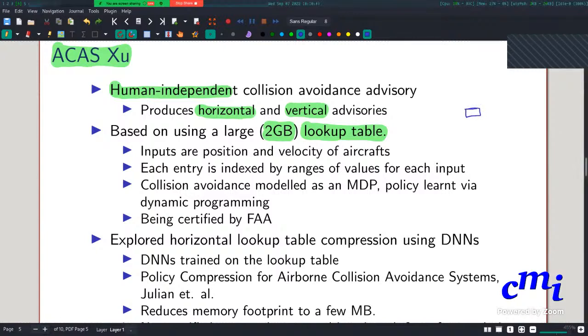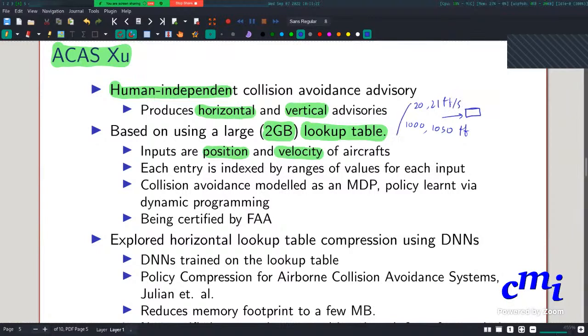So for example, if your inputs are the position and velocity of the aircraft involved in the situation, then you have your table indexed by ranges of position and velocity. You're going to say that, okay, for this cell, the range of the position is between, say, 1,000 and 1,050 feet, and the velocity may be something like 20 and 21 feet per second, right?